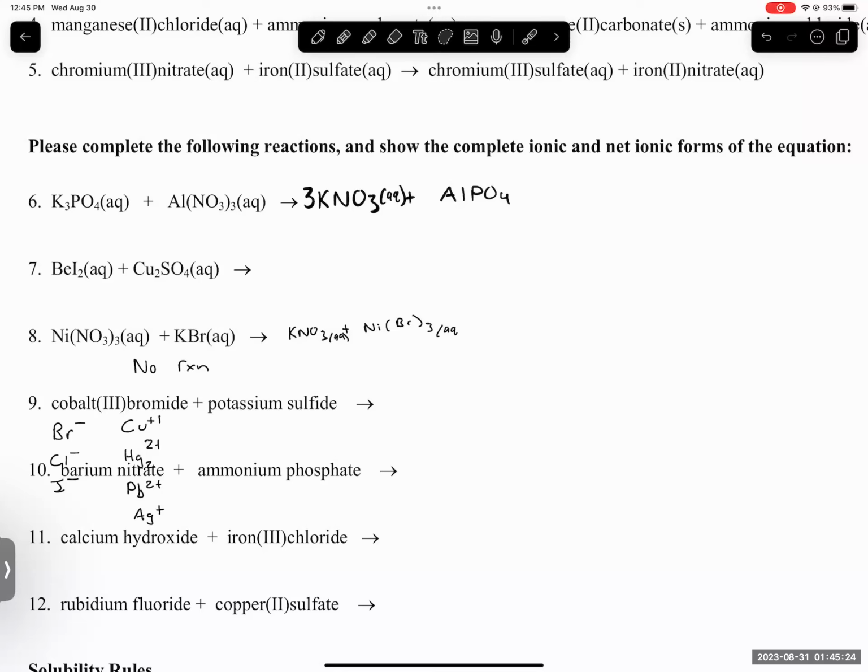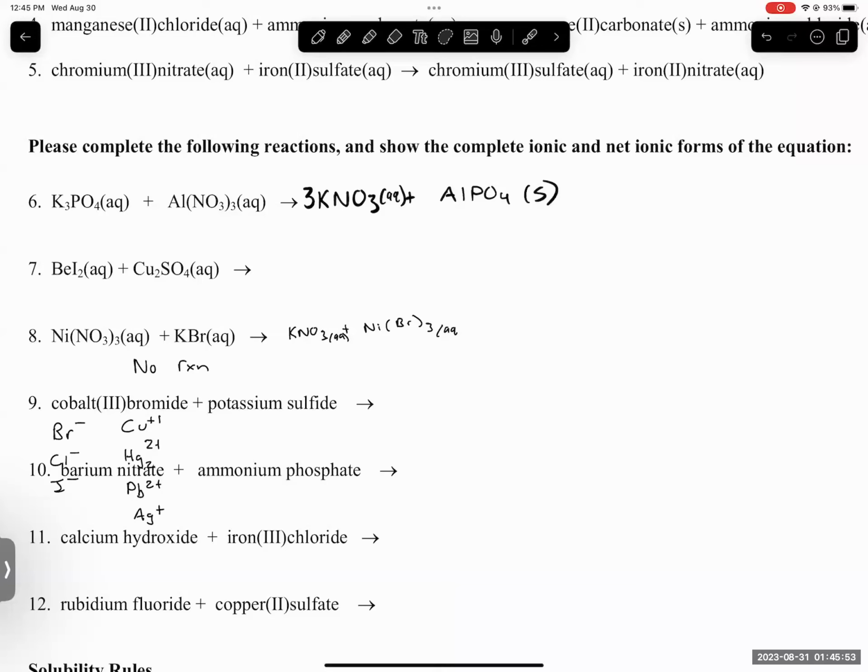What are the solubility rules for aluminum? Yeah, so I don't really know aluminum solubility rules, but I do know phosphate solubility rules. Phosphates are generally insoluble, except when they're paired with group 1 metals, a couple group 2 metals, and ammonium. And aluminum is not one of those, so this is going to be a solid.